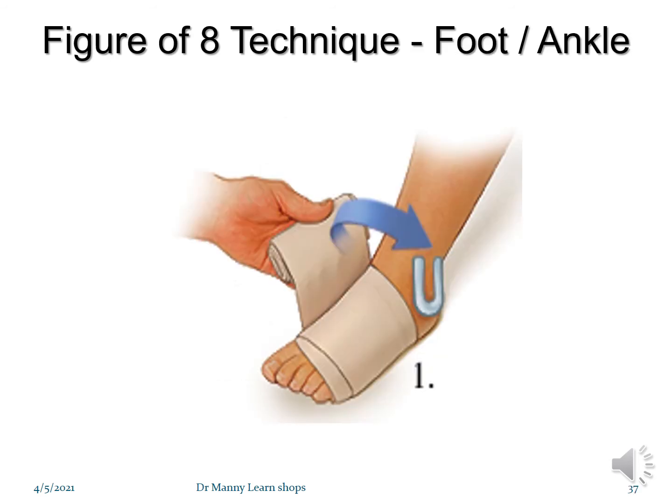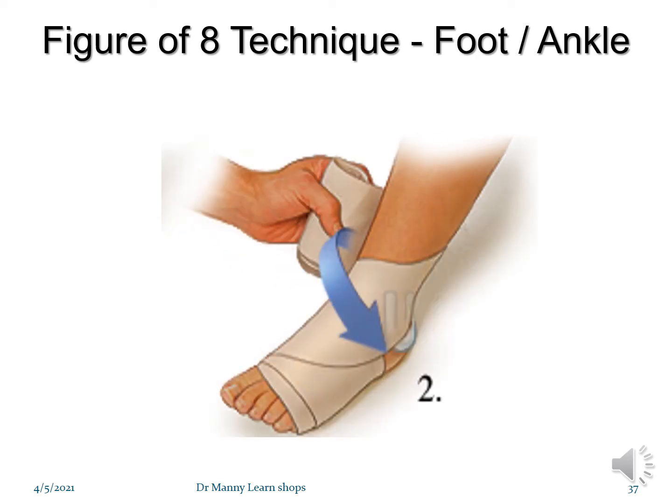If you're applying a figure of 8 bandage to the foot or the ankle, commence at the foot, the toes remain exposed. Then go around the ankle, the heel is exposed and the toes remain exposed.